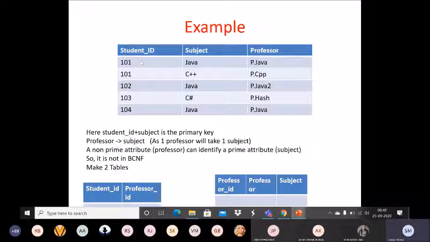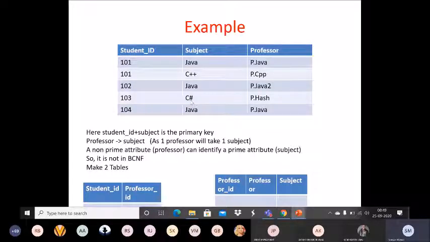One student can take more than one subject, fine, but one professor will take only one subject. So Professor Java will take only Java. Professor Java 2 will only take Java.